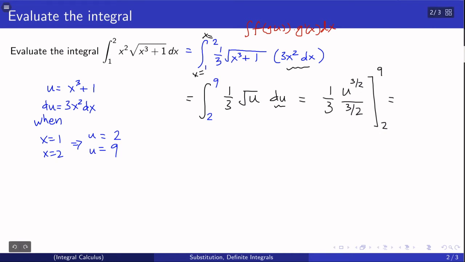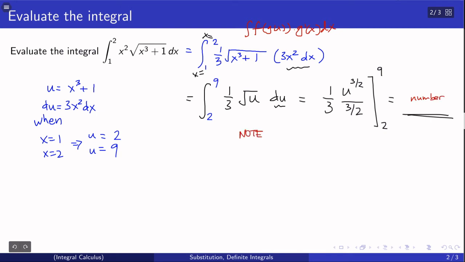And this gives me, what is that? 27. So, okay, I'm not going to compute that. You guys compute that. But that's how you evaluate an integral with lower and upper limits using substitution. So you get a number here.